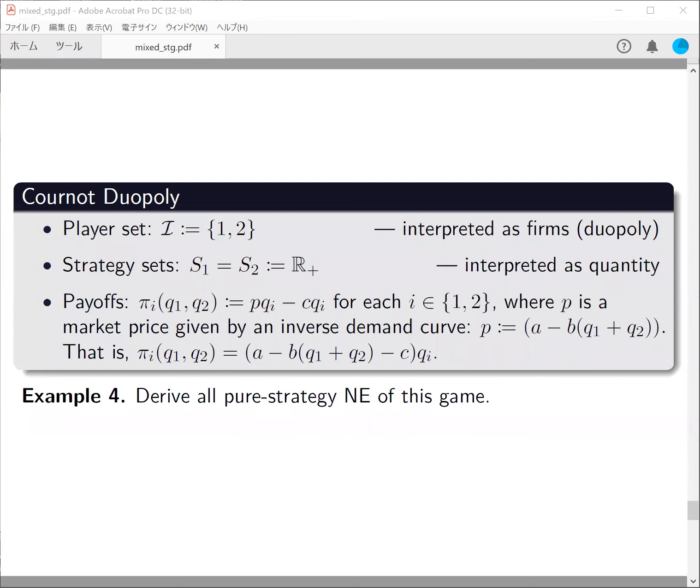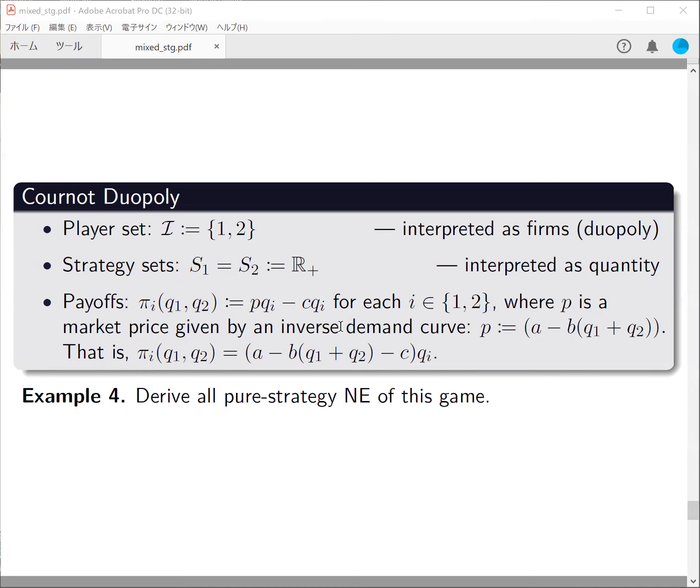Let's consider Cournot duopoly game. There are two firms playing the game. The strategy of firm i is the output of homogeneous product q_i, which is a positive real number since you cannot produce a negative quantity. The payoff of firm i is given by the profit generated by selling output q_i, which is the difference between the total revenue p times q_i minus the total production cost c times q_i.